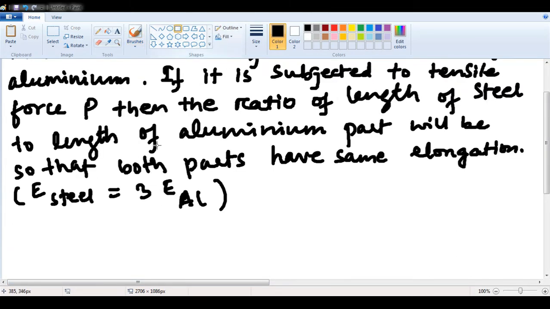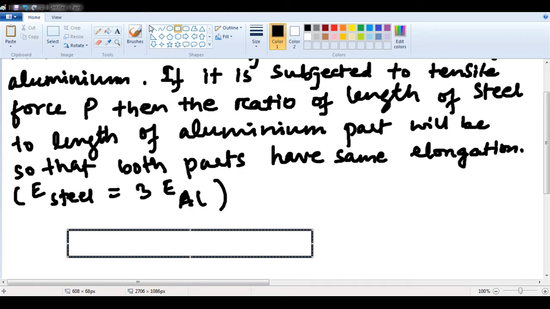And the diagram is given as this. This is P, this is P, this is steel, this is aluminium.